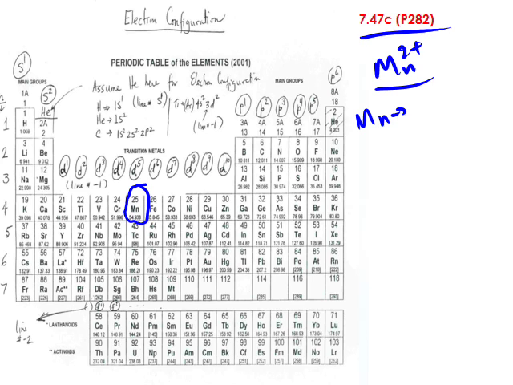Now let's write down the electron configuration. Just to write it briefly, rather than writing from the very beginning 1s2, 2s2 2p6 and all those things, let's write argon configuration. So argon configuration in brackets, and then you come to the fourth line.